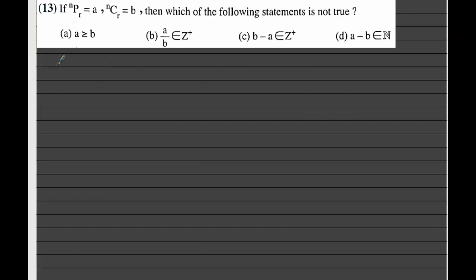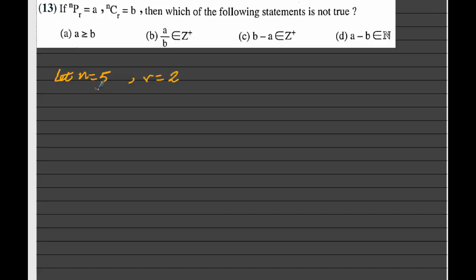Question number 13. If NPR equals A and NCR equals B, then which of the following statements is not true? We know always N is greater than or equal R. So let n equals 5 and r equals 2.